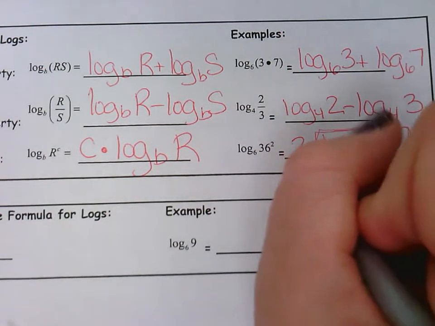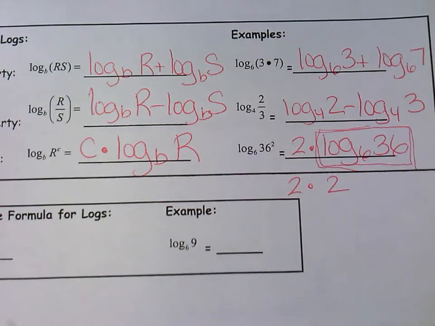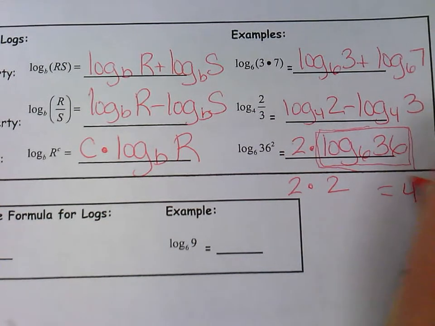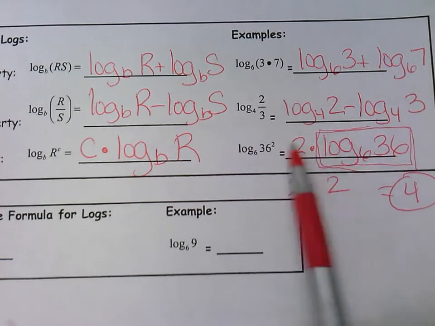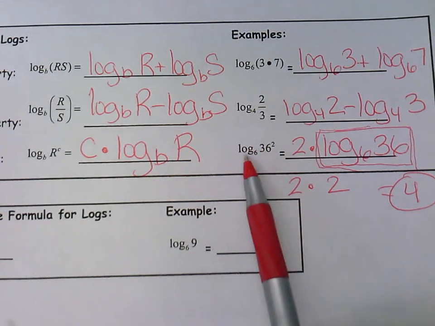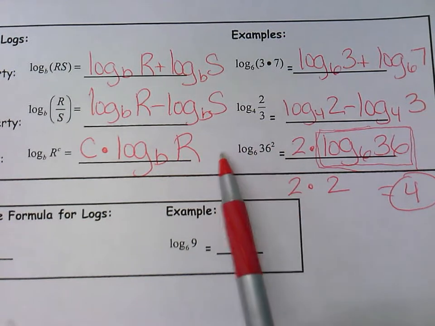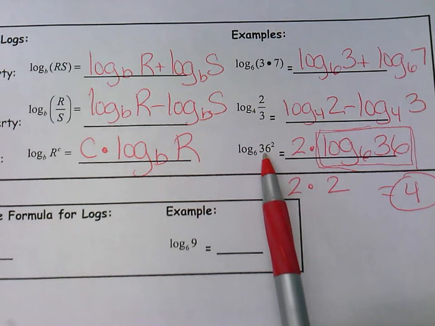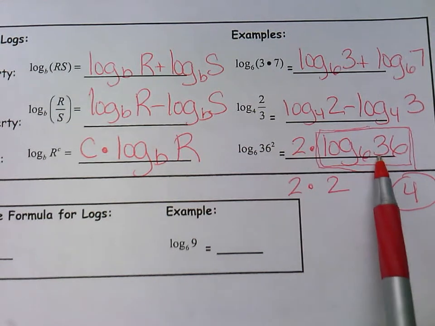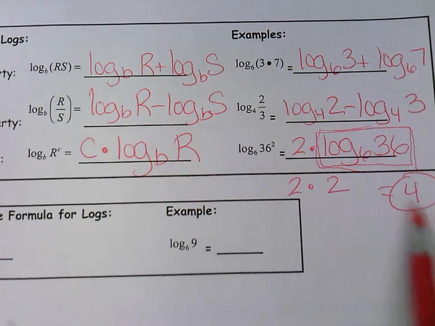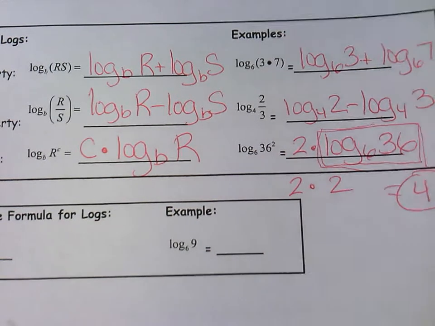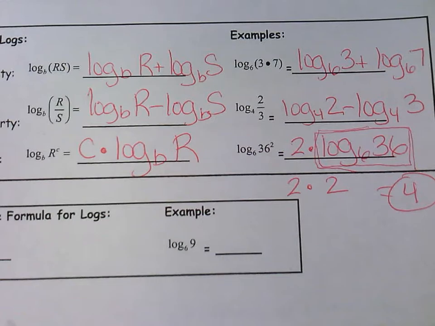So isn't this problem really just asking you 2 times 2, which is 4? So it allowed me to evaluate this log without a calculator just by knowing that property. I don't need to know 36 squared. I need 2 times the log base 6 of 36, which is just 4. So sometimes it allows you to evaluate something that you couldn't otherwise do without a calculator.